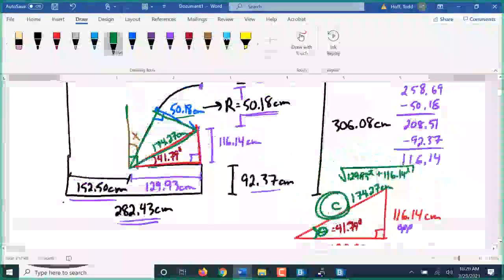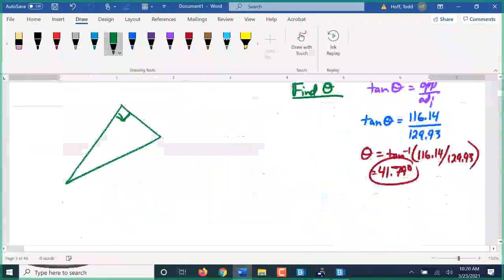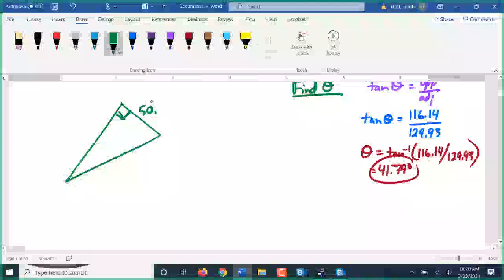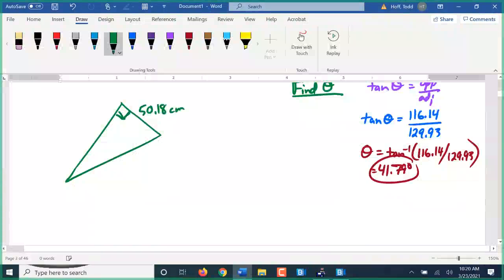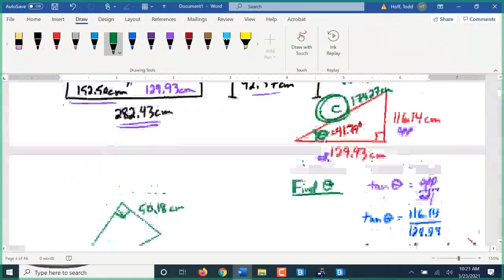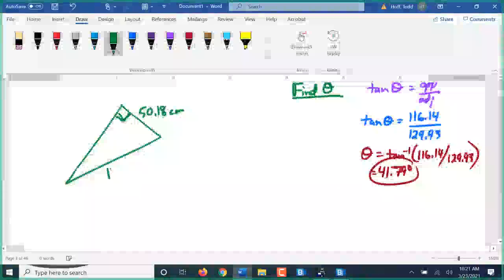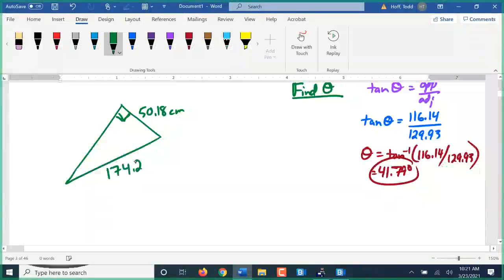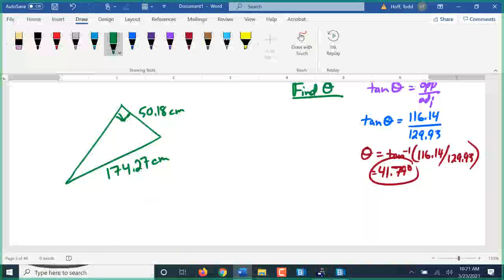This is my radius of 50.18 here, and this side here is the one I just found, the 174.27. All I really want to know here is this angle.